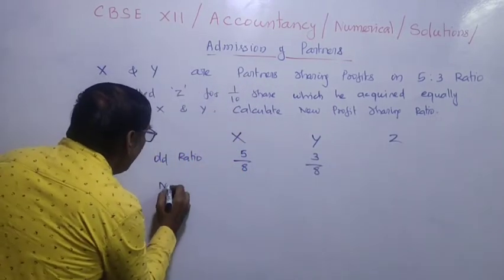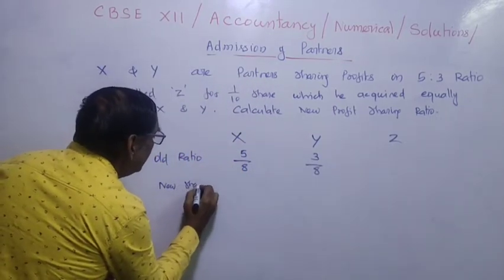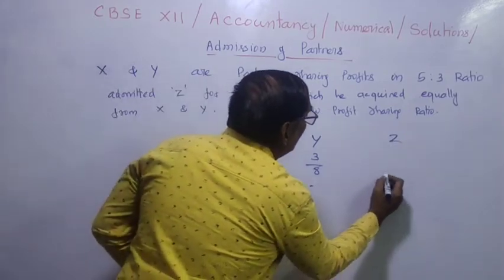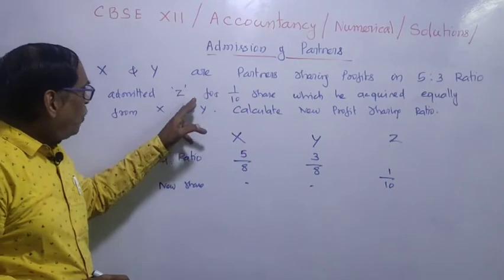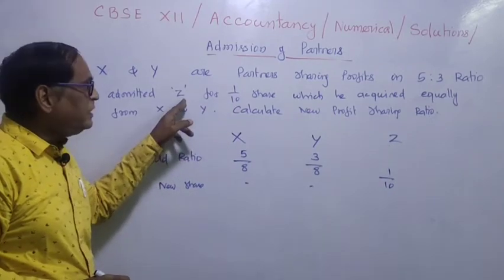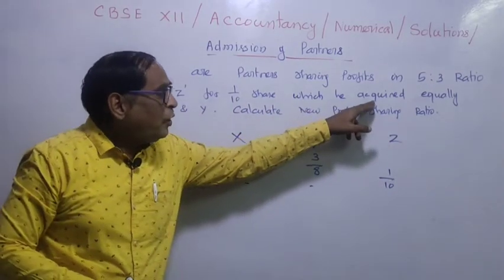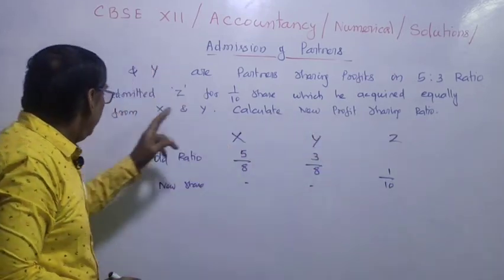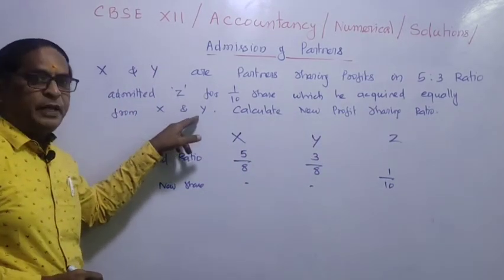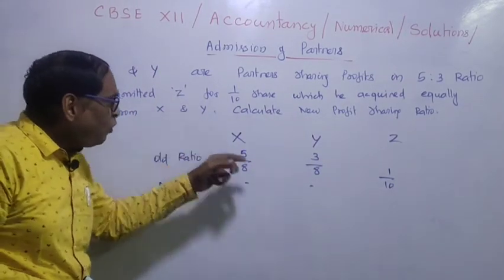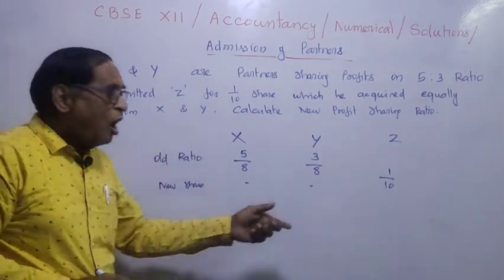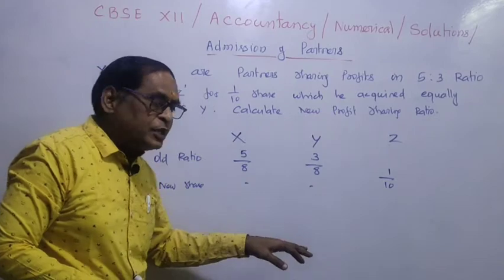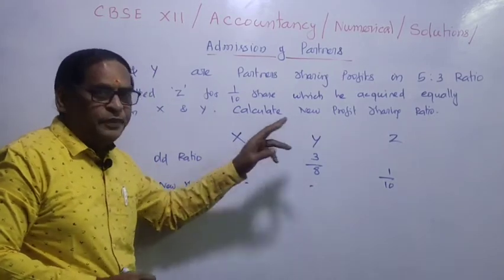The new share of Z is 1 by 10. Please be careful: the share of Z, which he acquired equally from X and Y. That means half of 1/10 is to be sacrificed by X, and half of 1/10 by Y.